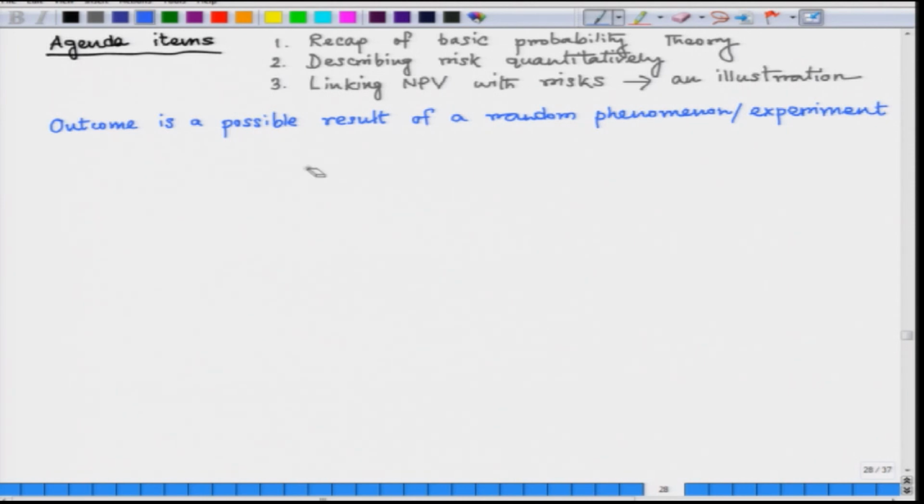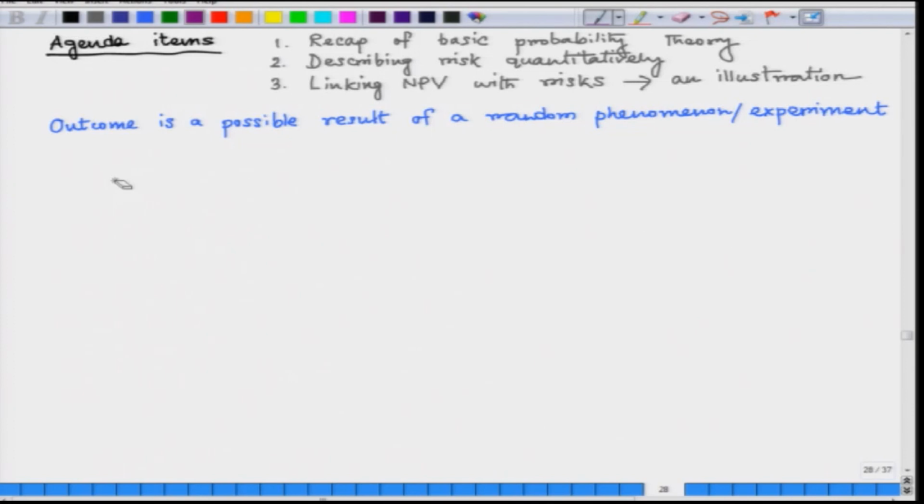So, an outcome may occur with a probability which will take value between 0 and 1, that we all know. So, when we roll a die, we see that 3 is just one of the 6 possible outcomes. So, there is a likelihood attached to each of these possibilities, and likelihood of an outcome in a random experiment or a random phenomenon is known as probability.